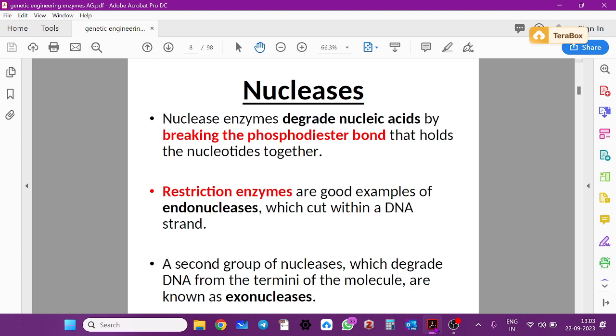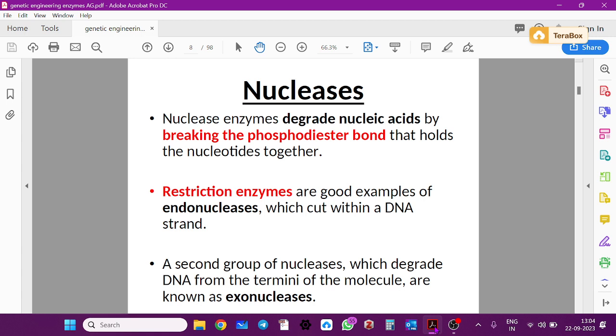The first modifying enzymes are nucleases. So nucleases, what do they do? They degrade nucleic acids by breaking phosphodiester bonds.